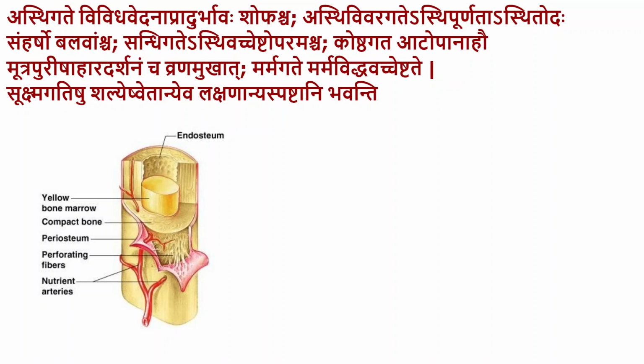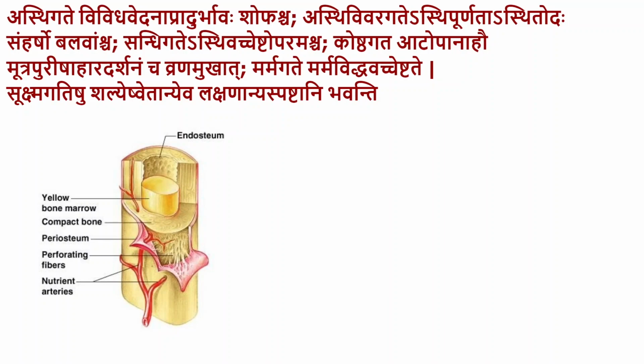And whenever there is a dynamic stage, absence of the peristalsis, the prognosis is poor and suggests a more severe involvement of the pathology. Then Mutra Purisha, if there is a penetrating injury, the contents of the viscera may be flowing through the wound. Marmagate, Marma Vidhavata Chestate. If there is an injury of the marma, the clinical features of the damage to the marma described in the marma sharira, they will be seen as such.